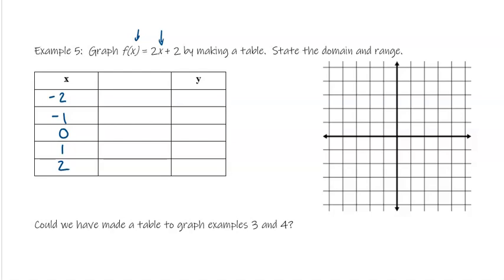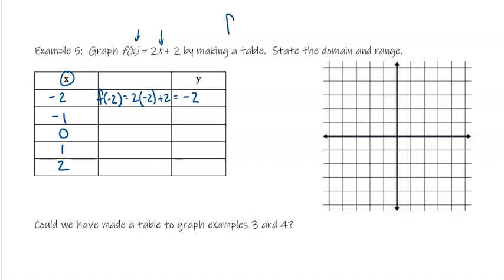Okay, so then f of -2 is what would happen next, because x equals -2 right there. So I'm going to take the x out of this, and I'm going to put in a -2. And when I do that, I get -2 for my y value.